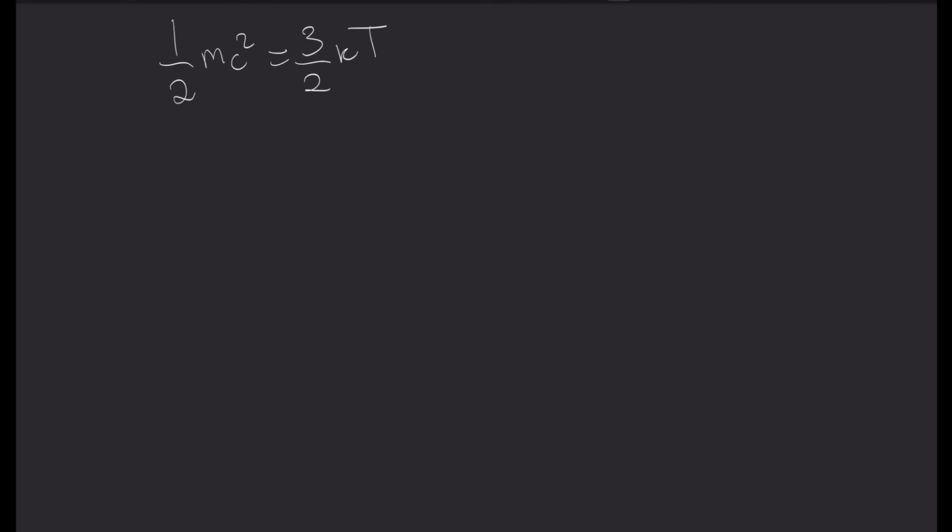Okay, so for Edexcel, we also need to be deriving this equation, 1/2 mc squared. This c, by the way, is the RMS speed, which is equal to 3/2 kT. Now the way we derive this is via these two equations. PV is equal to 1/3 nmc squared, and also PV is equal to nkT.